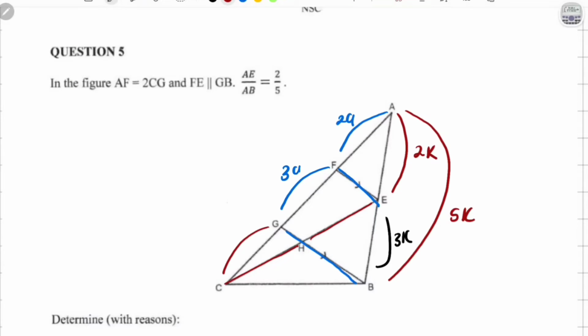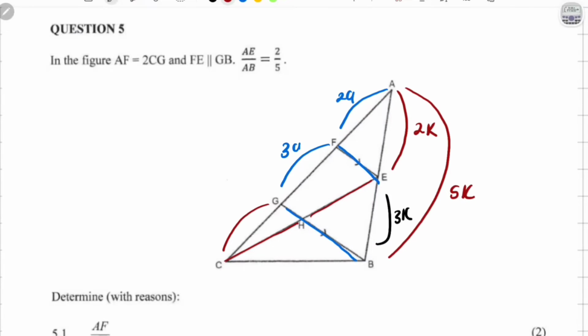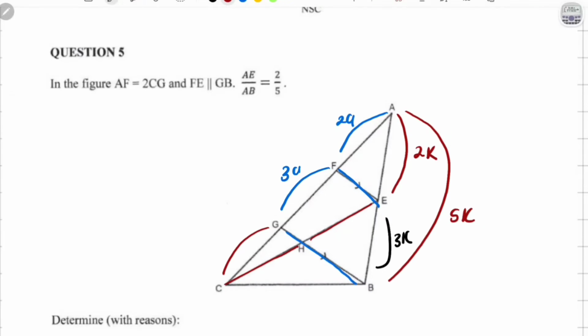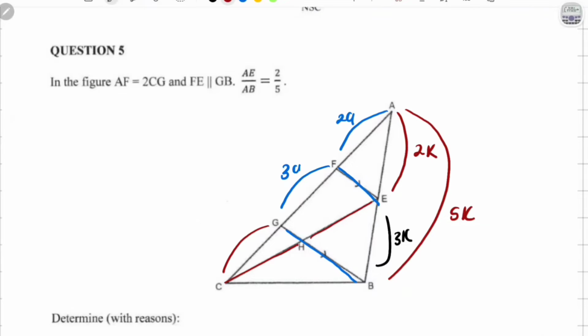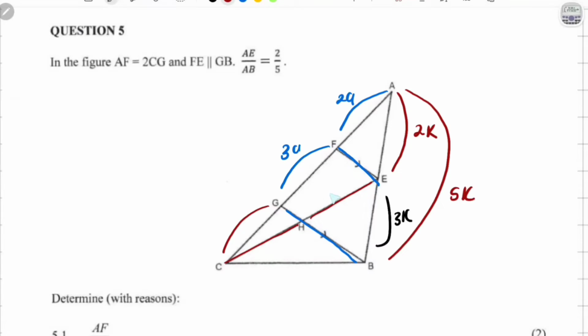So because we can see that this is coming from the same line, in order to be able to find CH, you need to find CG. So how do we find CG? Well, it's best to find CG and it needs to be in terms of A, because if you look at this upside down, that's really how you'll see it.